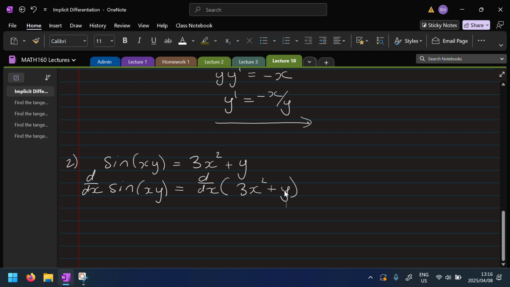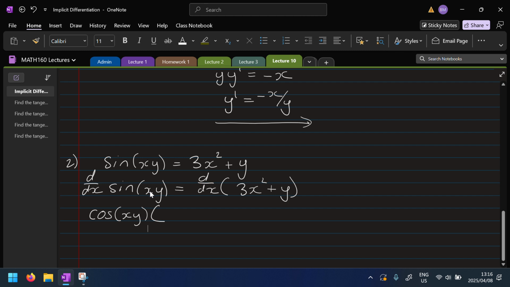The right hand side is a bit more easy, so the derivative of 3x squared, that's just 6x, and the derivative of y, that's y prime. So that's easy enough. Okay, so the derivative of sine, that's going to be cosine, so we have cos xy times, just by the chain rule, the derivative of the inside, and that's going to need the product rule.